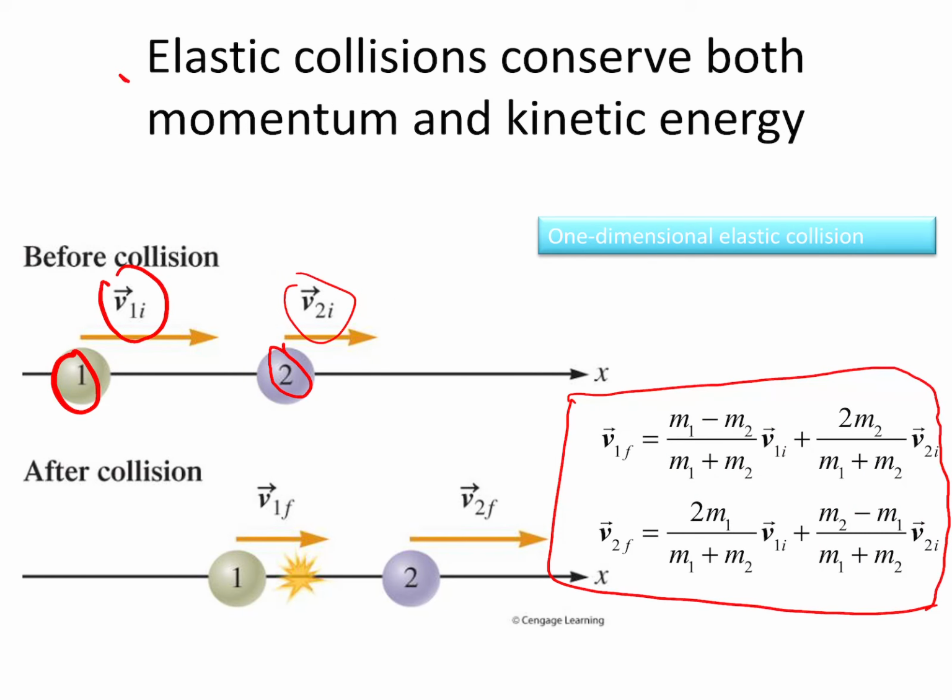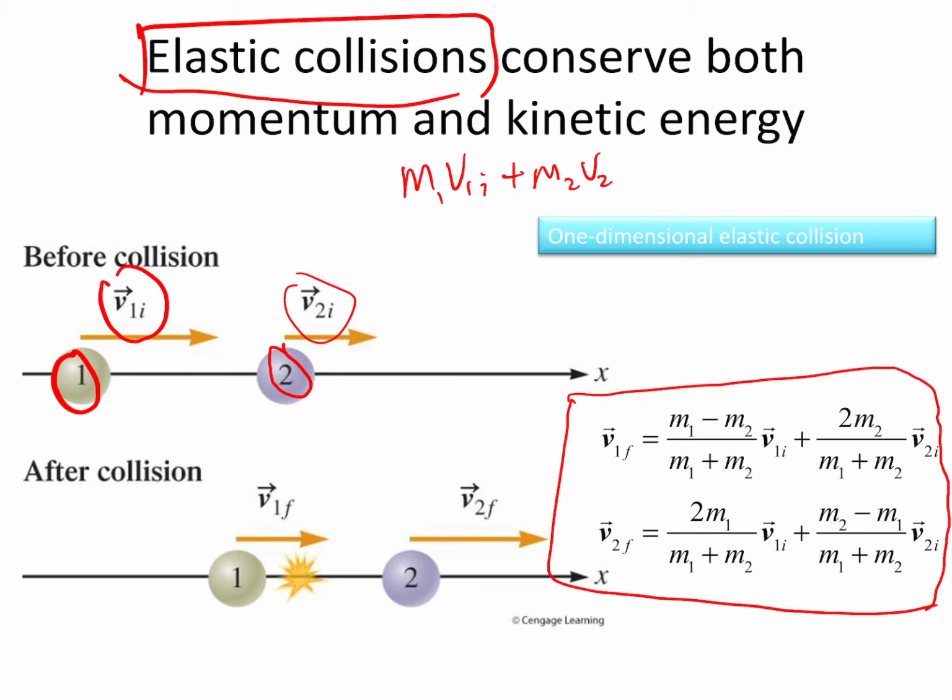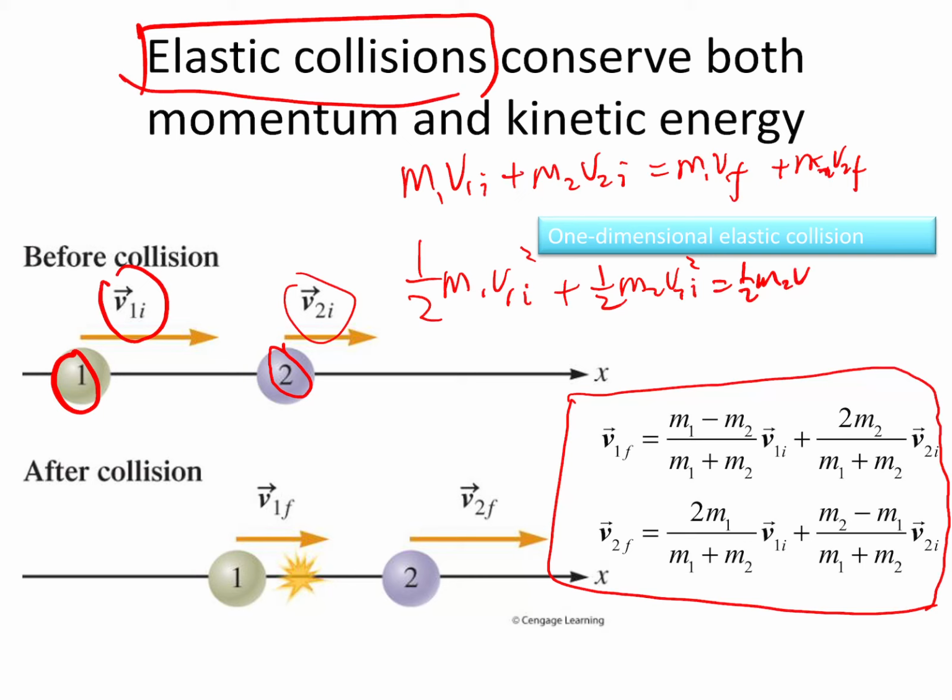However, for the elastic condition, momentum conservation still gives us this six-variable equation, but we also have this one: kinetic energy conservation, 1/2 m1 v1i squared plus 1/2 m2 v2i squared equals 1/2 m1 v1f squared plus 1/2 m2 v2f squared.